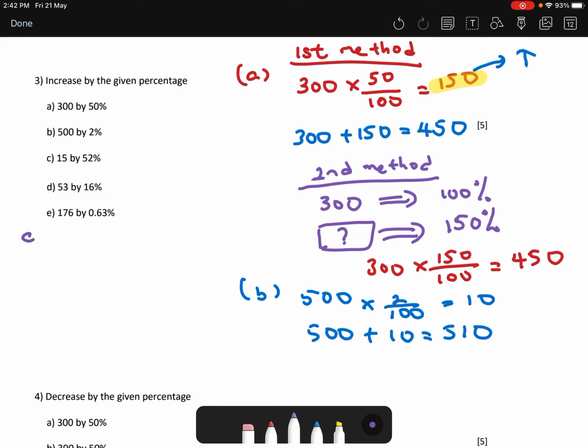Okay, C. So 15, I increase by about 52%. So 15 times 52 over 100. So it's about 7.8. Okay, so 15, you add with 7.8, equal to about 22.8.